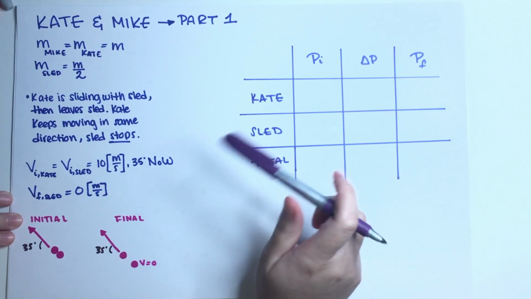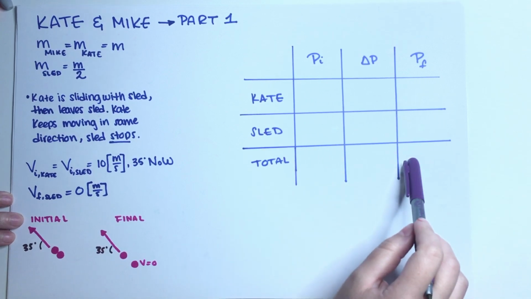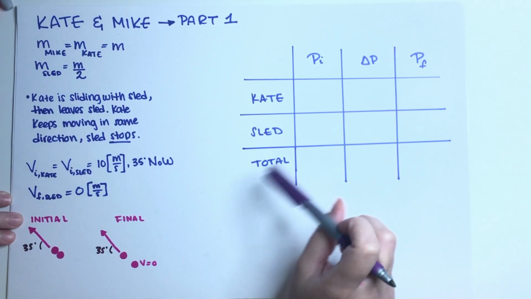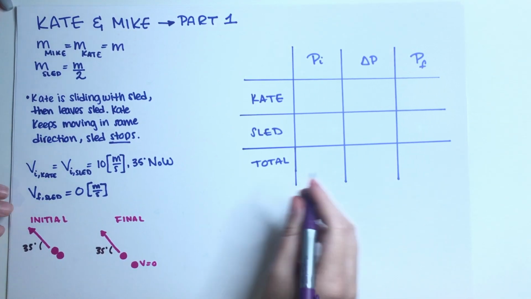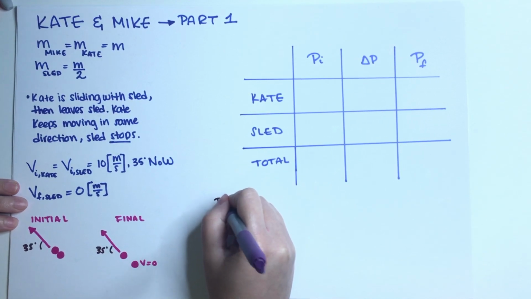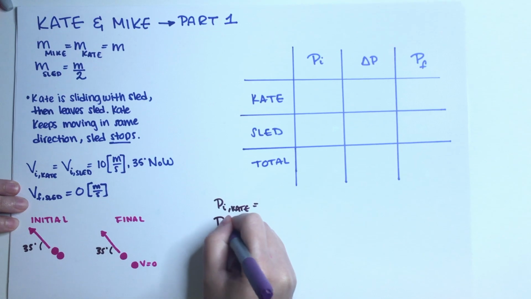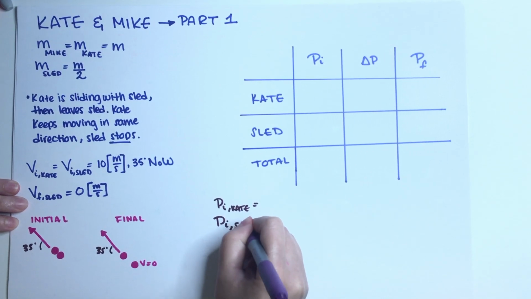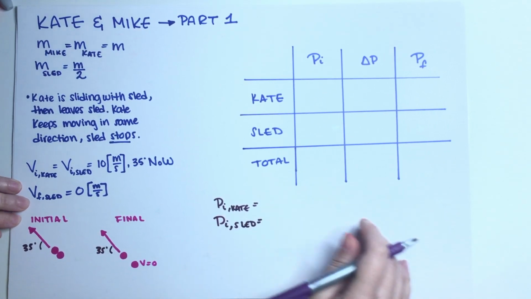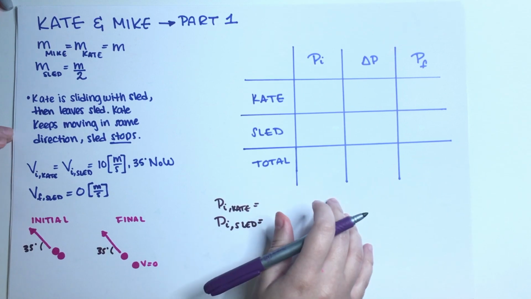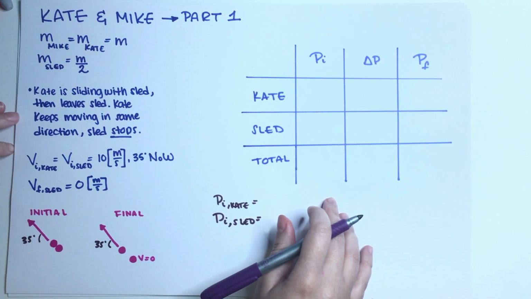As you can see, I have a momentum chart over here. This is going to be really useful in order to solve this part of the problem. So let's just go ahead and fill that in. So let's just do initial for Kate, initial for sled. So as you know, momentum is just going to be mass times velocity.